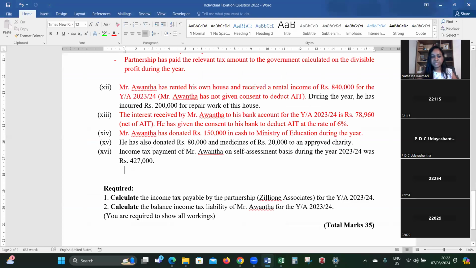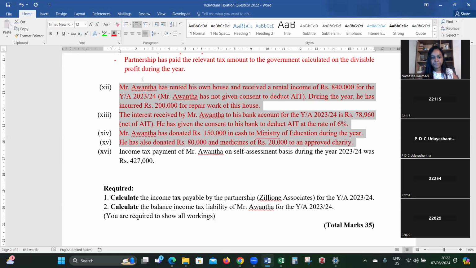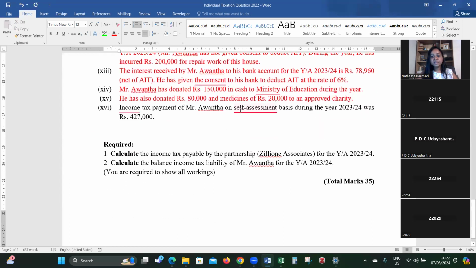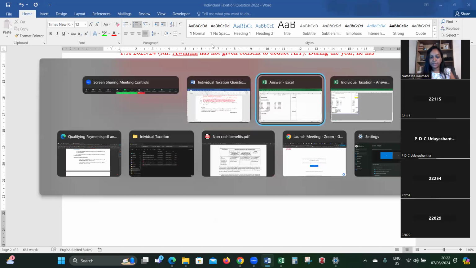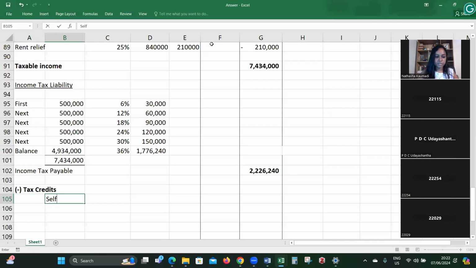The first tax credit is the self-assessment payment, the income tax payment of Mr. Avantha on a self-assessment basis during this year of assessment. So 427,000 Mr. Avantha has paid on a self-assessment basis. Okay, your answers are correct. So the self-assessment paid, I'm taking that first.